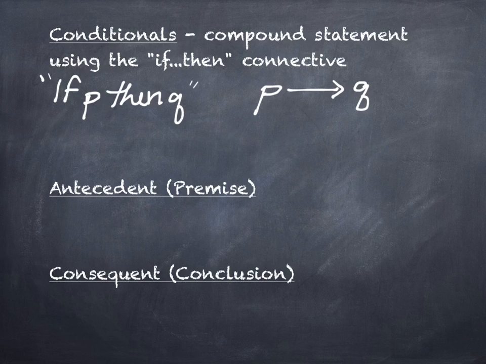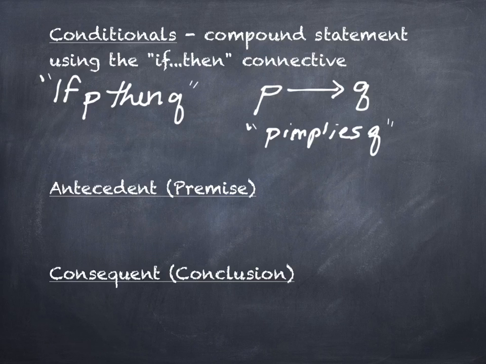So the if part comes before the arrow, the then part comes after the arrow. And sometimes this is read P implies Q. Okay, if P then Q or P implies Q.